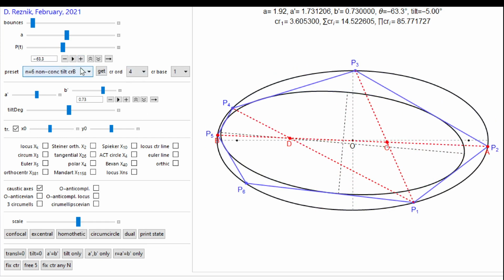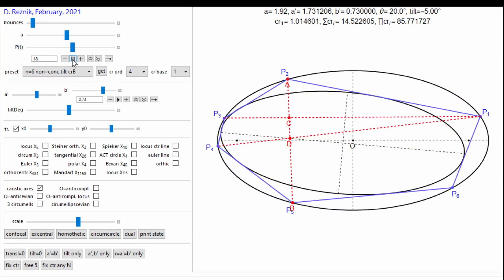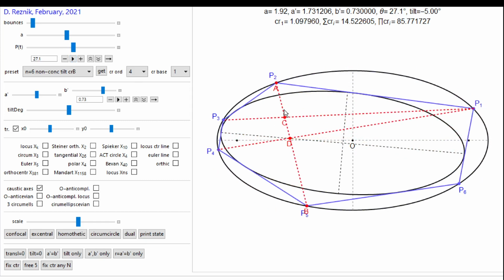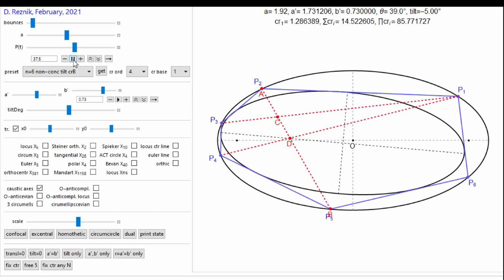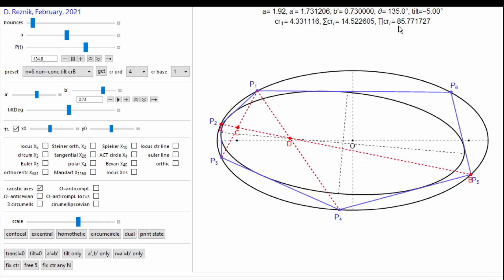Let's go to the fourth. On the fourth choice of ordering, A, C, D, B, starting from P2, I'm managing to make invariant both the sum and the product of the cross ratios.